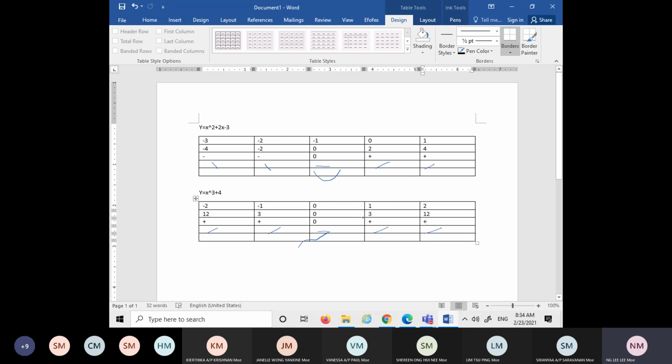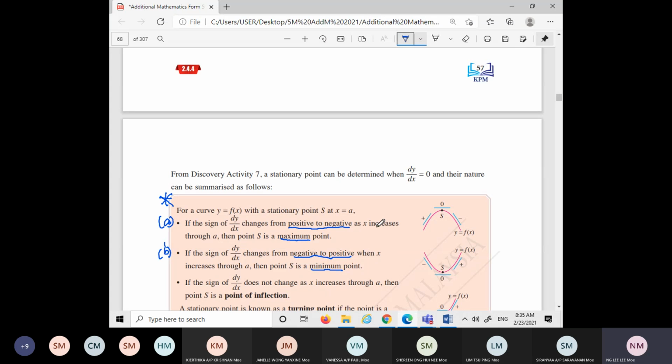It can be negative, negative. Doesn't matter as long as the sign for dy/dx does not change. So we come back here. This is part C. If the sign does not change, then the point S is a point of inflection.